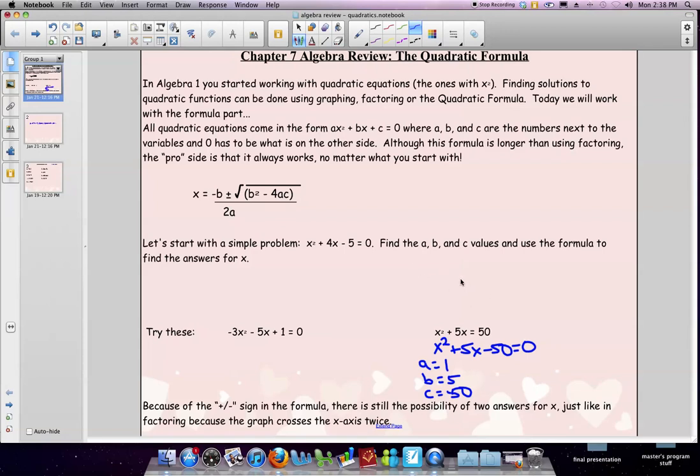Plugging that into the formula, I would take the opposite of my B value, so it would be negative 5 plus or minus the big square root. B squared is 25 minus 4, which is always there, times 1 times negative 50.